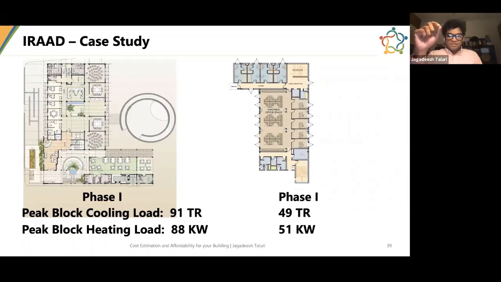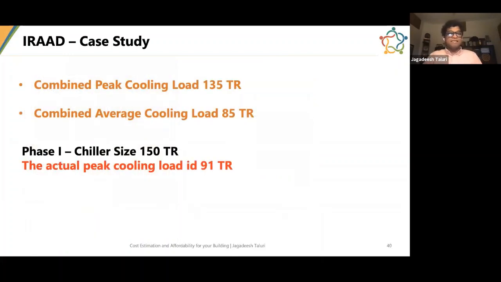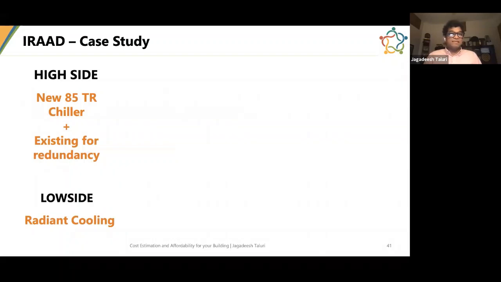Now they used this 12 degrees or 9 degrees centigrade water, mixed it, and supplied chilled water to the radiant slab of phase 2 at 15 degrees centigrade. In essence, the chilled water was going to phase 1 to cool the air handling units. Then whatever water was coming out was getting mixed and going through the radiant slabs of the phase 2 building. So they've managed the entire show with only one chiller, the 85 ton chiller.